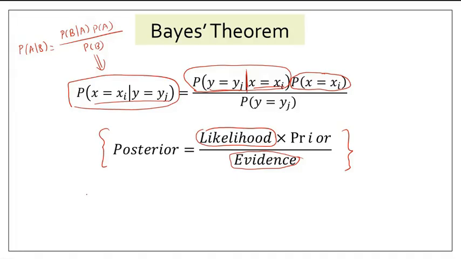So I will write all the terms here which are used in machine learning. Probability of omega i given x is equal to probability of x given omega i. Don't worry about this, I will repeat all the terms and what their meanings are.